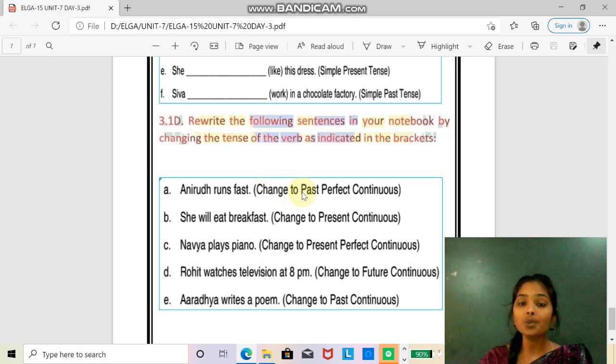And they are asking you to change it to past perfect continuous. First, I should think what the past perfect continuous helping verb is. Yes, had been, isn't it? So I have to write here Anirudh had been running fast. This is how you are going to do the rest of the questions.